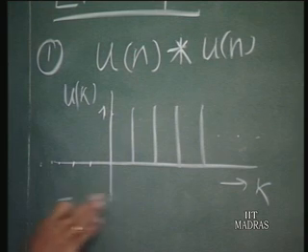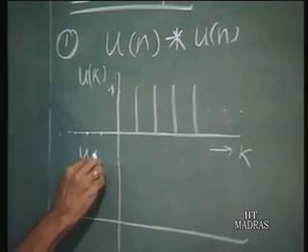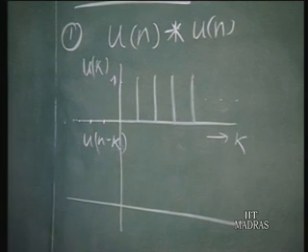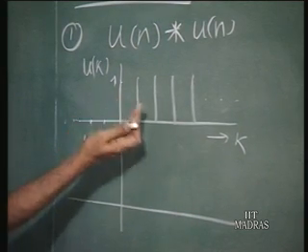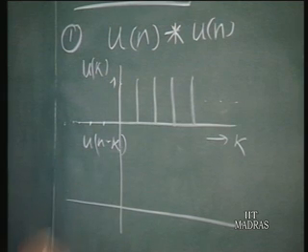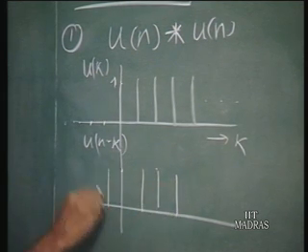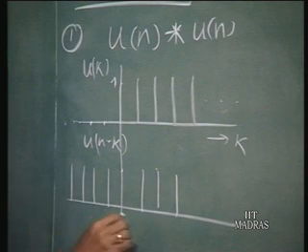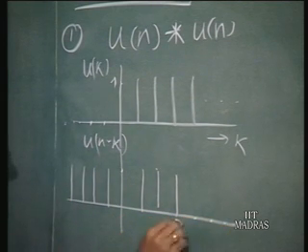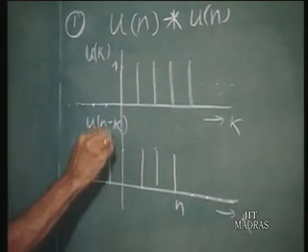Then you have to multiply this by un minus k. Un minus k will have values for negative values of k, but you shift it by n instants. So you have it like this, and up to n it is equal to 1. This is k and this is un minus k.